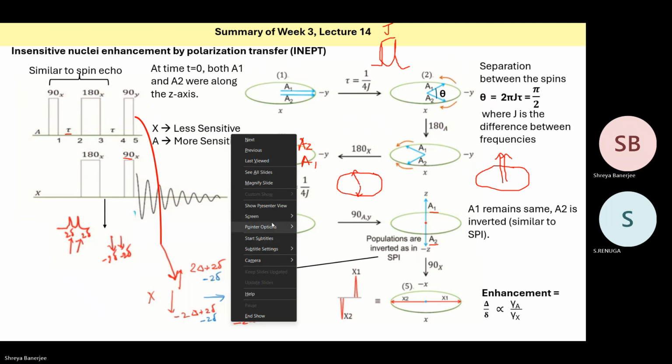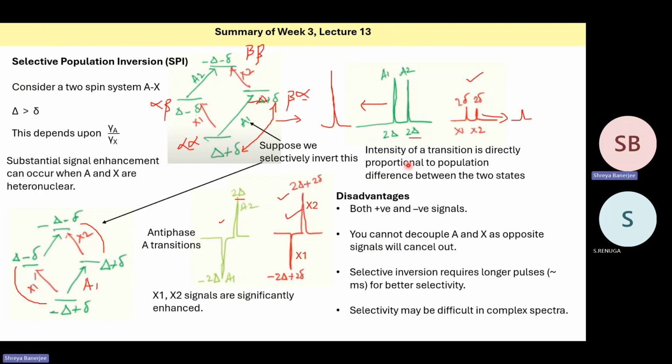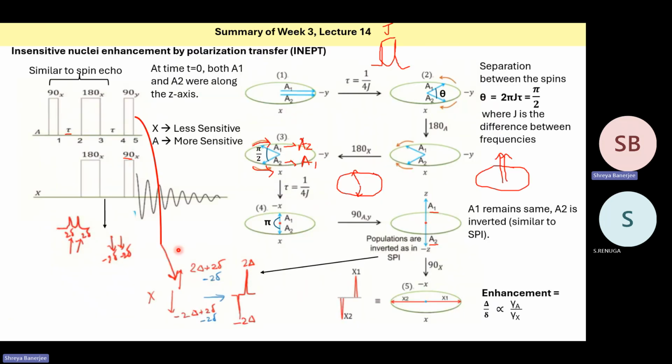In the case of population inversion, the X signal had come like this with these intensities which have been written here. So this figure has again been written here.